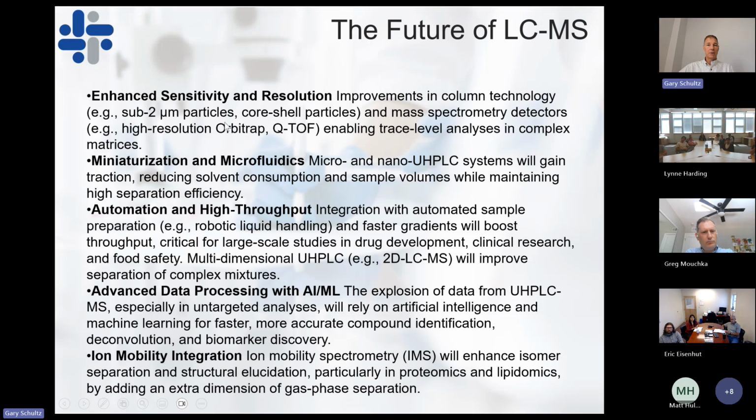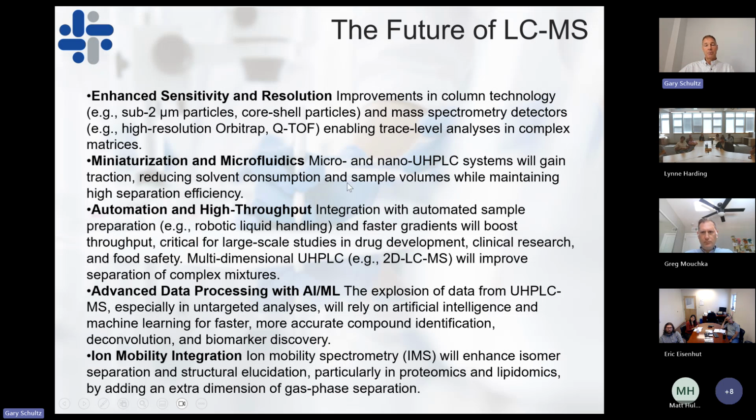The future is continuing to improve upon enhanced sensitivity and resolution through the use of these sub-2 micron particles. And also there's core shell particles that I didn't talk about today, but are also playing a role in improving overall chromatographic performance. And mass spectrometry systems are being able to scan more quickly at high resolution and provide more complex methods of fragmentation that enable us to generate a significant amount of data all in real time as peaks elute off of these columns.